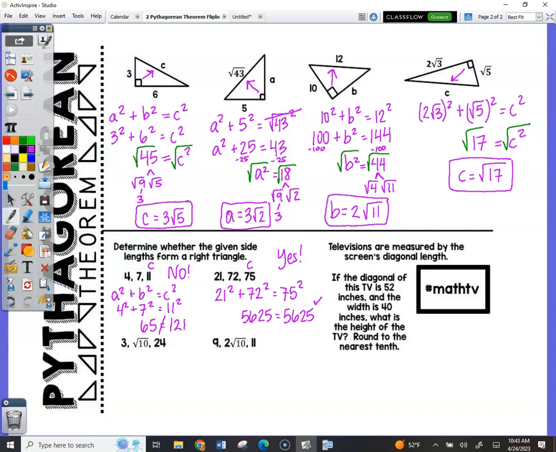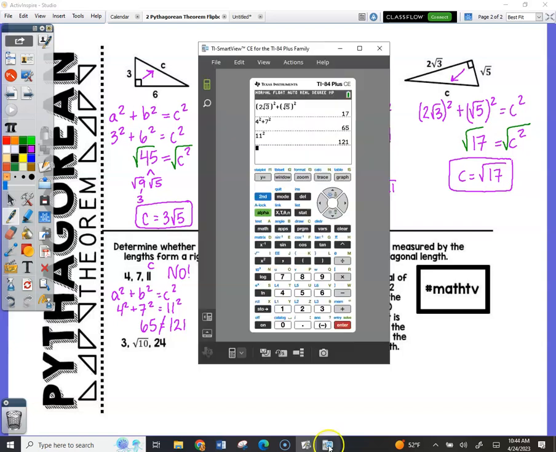What about the next one? When you first look at it, you need to know what the square root of 10 is before you dictate what C has to be. So go to your calculator, type the square root of 10, so you can get an idea of what that is as a decimal. In this case, I just needed to verify that the square root of 10 is not possibly bigger than 24, which you should know that it's not.